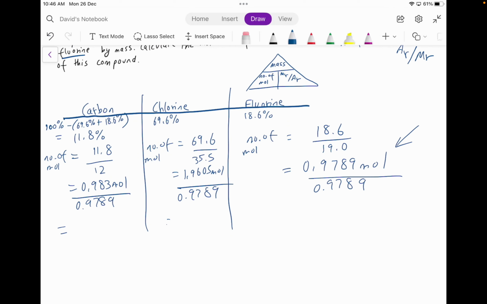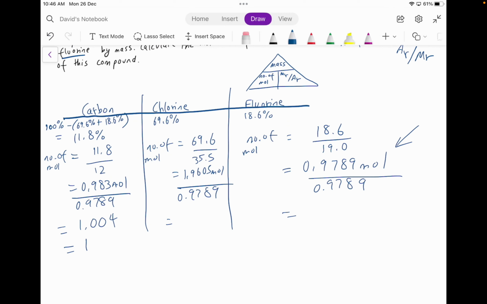Once you do that, you're going to start getting whole numbers. If I use my calculator and do 0.983 divided by 0.9789, you're going to get a value of about 1.004, which, if we round it off, becomes 1. That's a whole number.